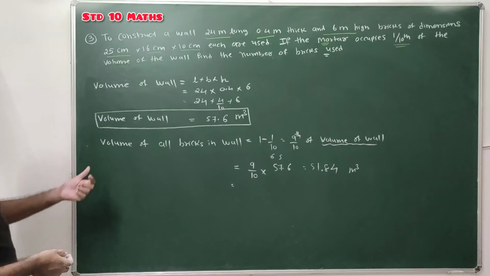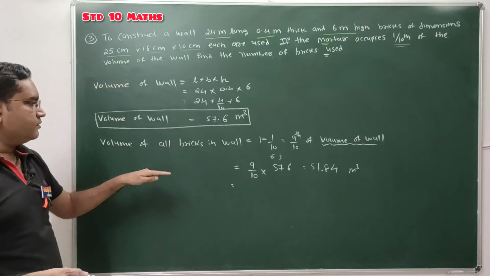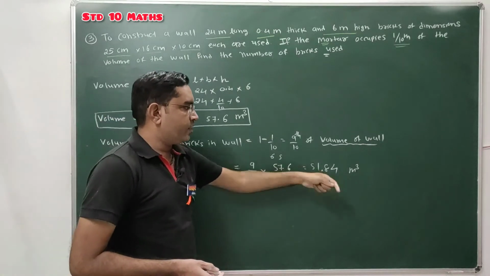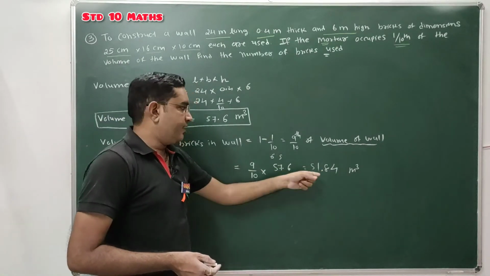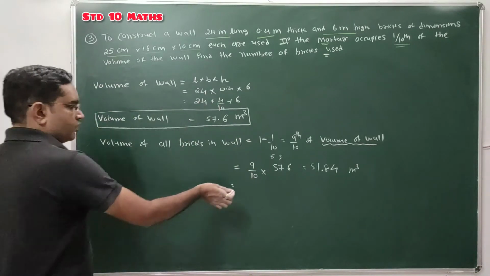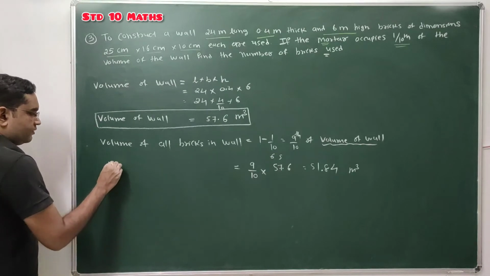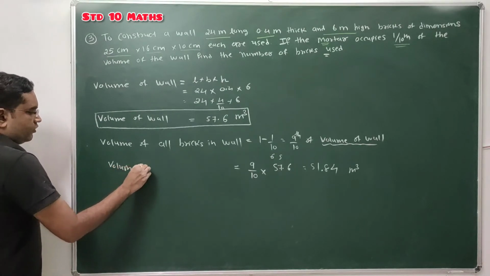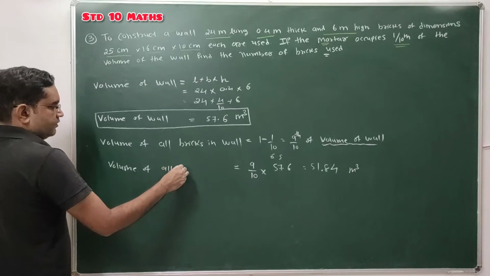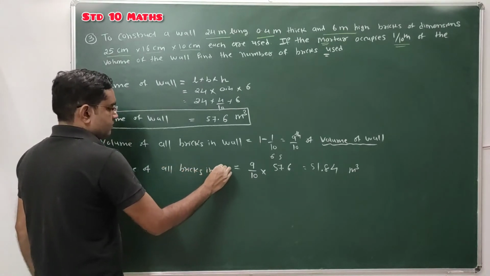So the total volume of the wall is 57.6 meter cube, out of which 51.84 meter cube is the volume of brick only, and the remaining volume is the volume of mortar. This is the volume of all the bricks which are used in the construction of the wall.